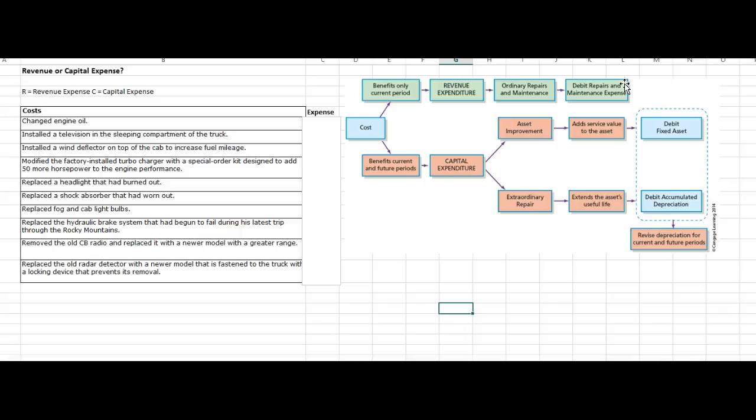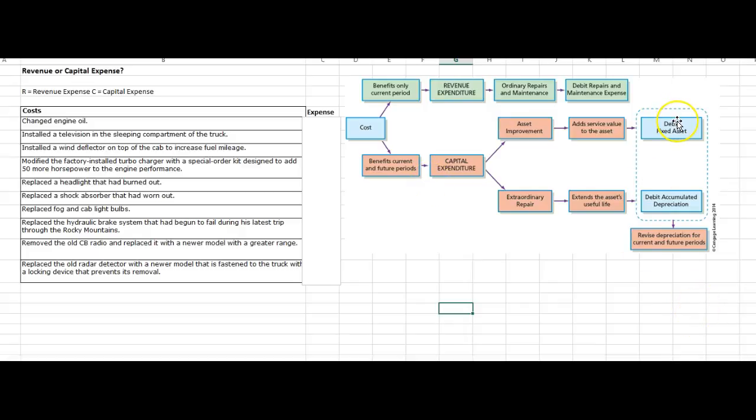If you put a brand new engine in it because the engine was going bad, that's going to make the life of that car longer. So instead of being depreciated out for maybe 5 years, it would be depreciated out for 7 years. So you're adding to the value, and that value will extend the life considerably of the asset, and that's called a capital expenditure.